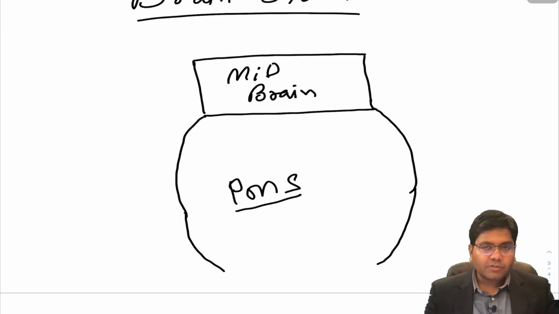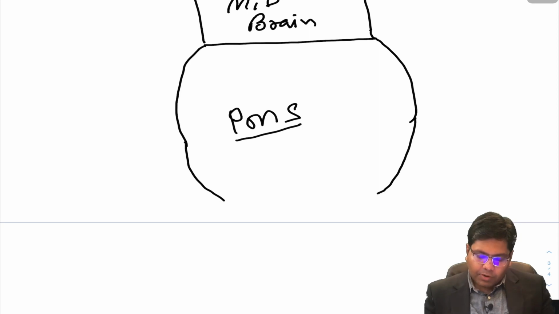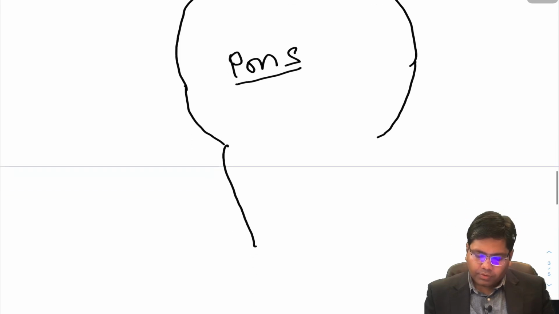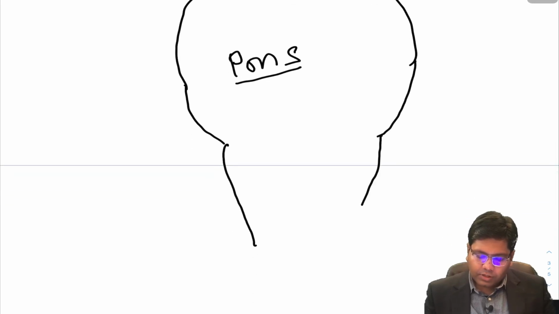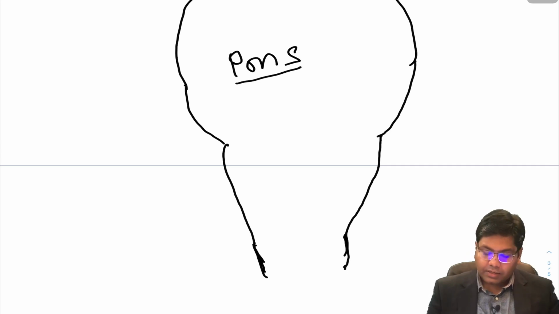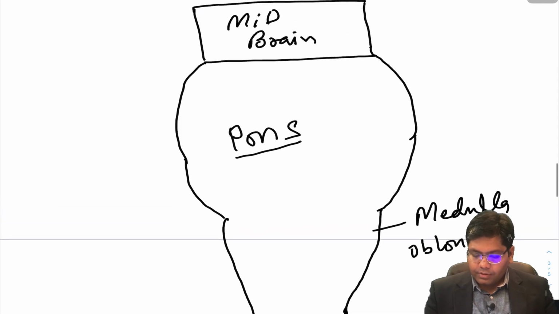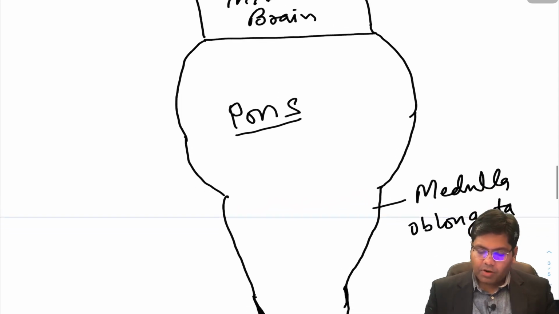So midbrain is mesencephalon, pons is part of the hindbrain, and below the pons there is a structure going down in a kind of convergence, and this structure is your medulla oblongata. Correct, my dear friends? So this is midbrain, pons, and medulla oblongata.